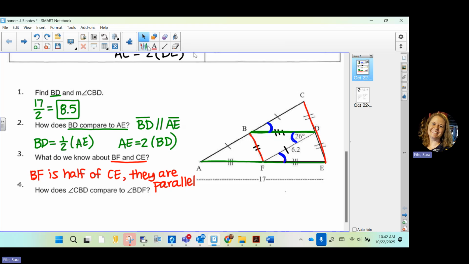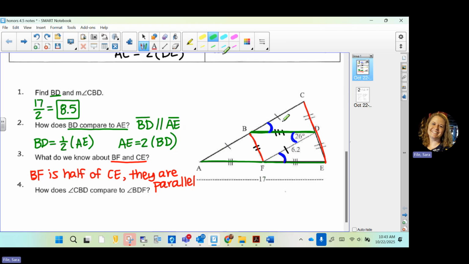And last but not least, let's look at these parallel lines. For the 26-degree angle, the one that's marked doesn't touch those, so I'm not going to do that one. But notice this triangle over here is the only one we don't have one of the marked 26-degree angles.